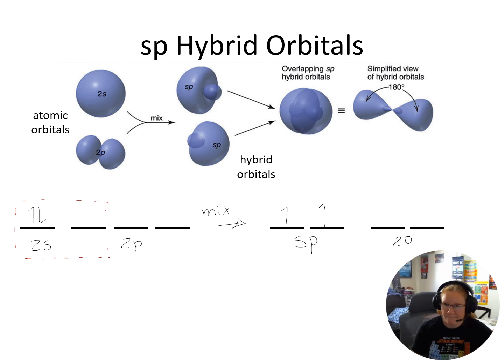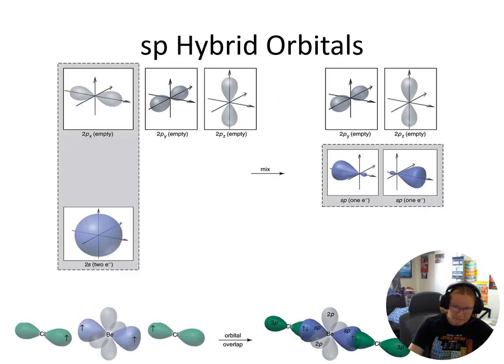So if I have something like beryllium dichloride, here's what the mixing looks like from a 3-dimensional perspective. We take that 2s and we get our sp orbitals, they mix with each other, and we're left over with those empty 2p orbitals.